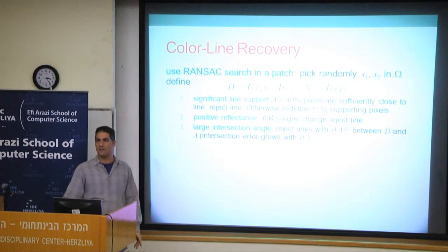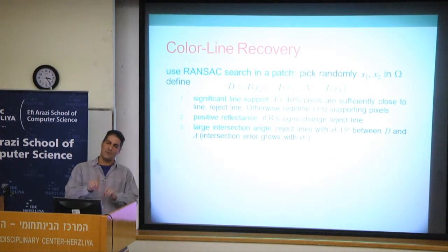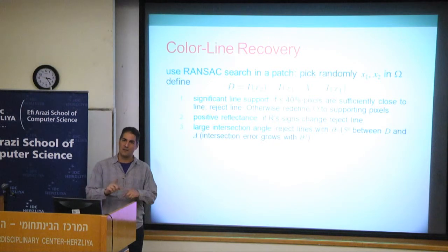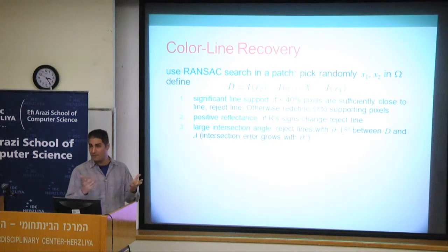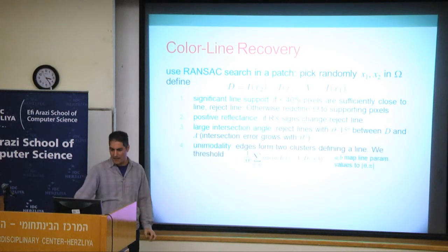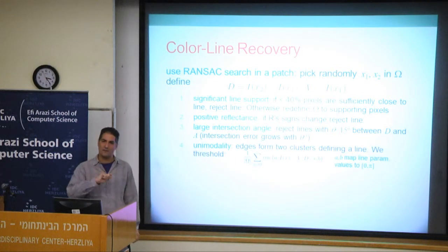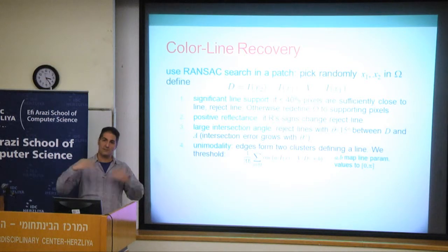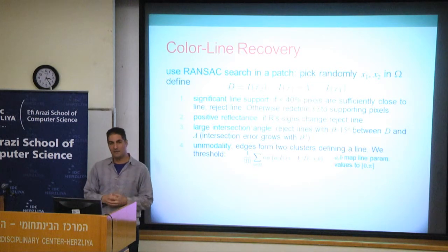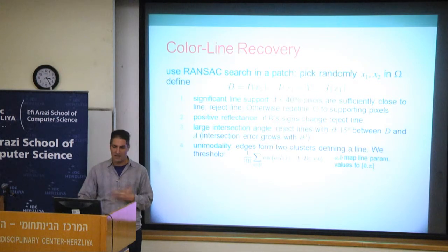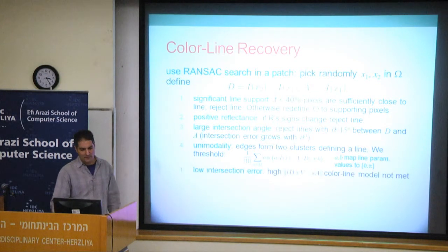We want a large intersection angle between the lines that we're intersecting. Otherwise, we won't be able to really believe the intersection point that we get. Unimodality is also required in the distributions of the pixels because edges do appear like two clusters of pixels that define a line. We don't want these cases. In these cases, we're not expected to get a constant transmission, so we detect that as well.